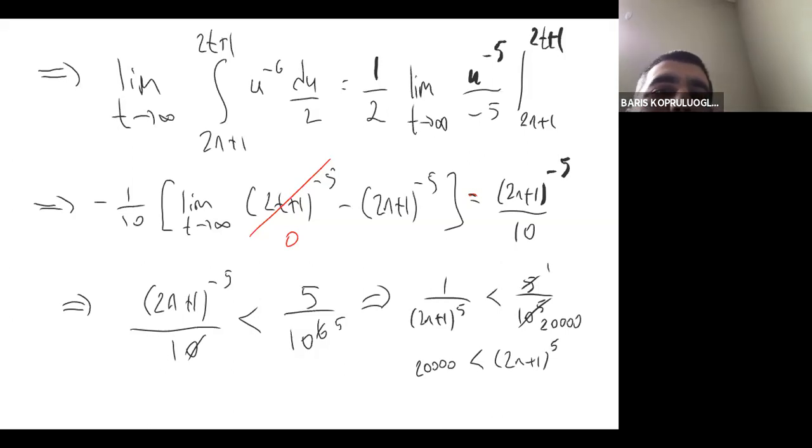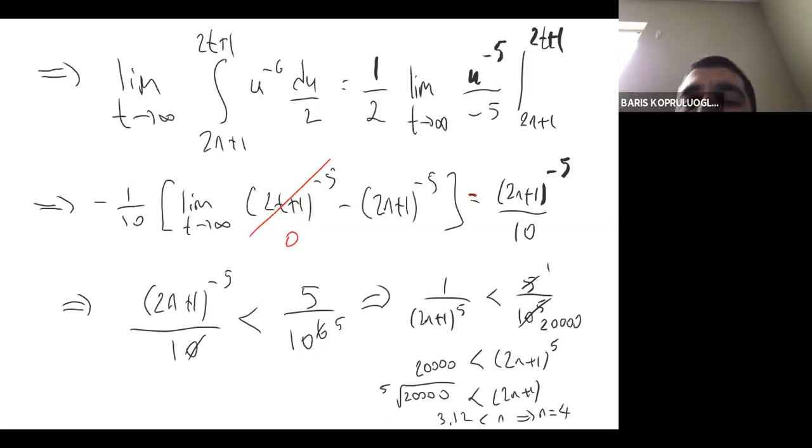If you take the 5th root of both sides and then solve for n, I think n will be greater than 3.12. So it turns out we need 4 terms to approximate the series correct to 5 decimal places.